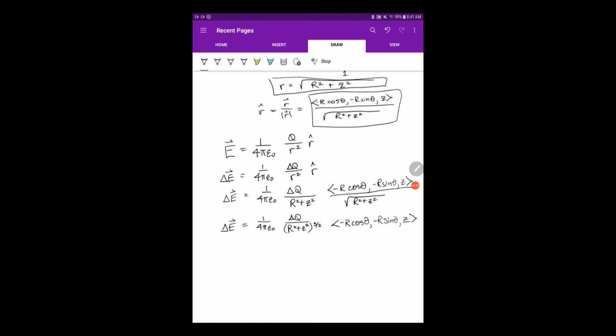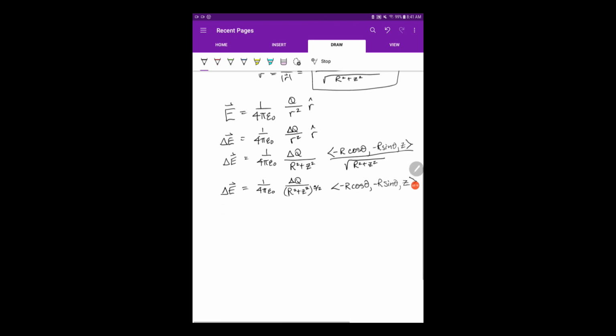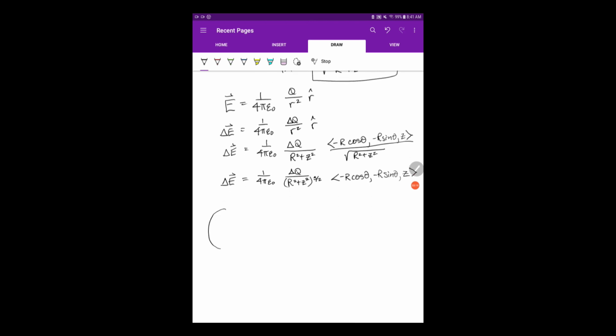The next step is that it's not very easy to add up increments of charge, so we really want to add up over some sort of geometrical factor, in this case over the circumference of the circle. So we want to rewrite delta Q so that we can make it geometrical.